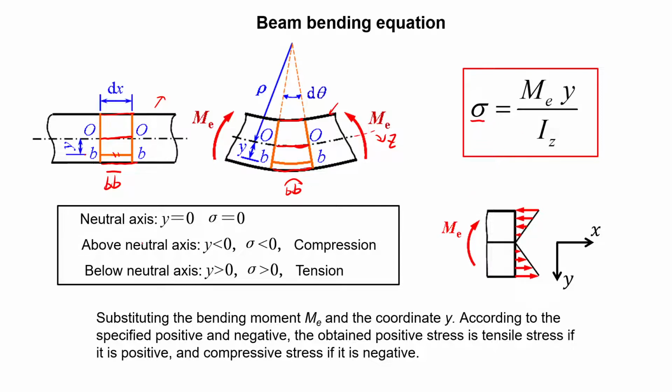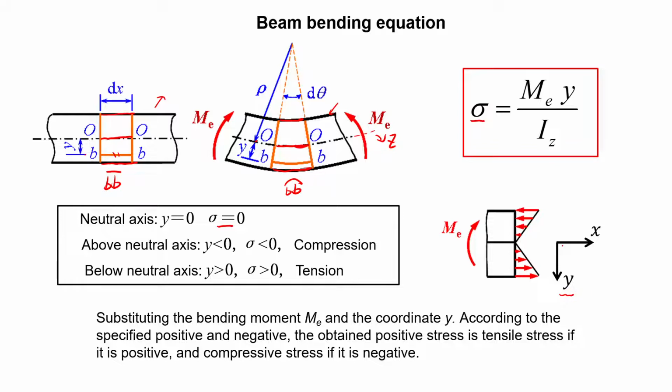Let's start from the neutral axis. When we substitute y equal to 0, we get sigma equal to 0. So the stress at this point is 0. Okay, no tension, no compression. Above the neutral axis, in this case, we denote y as downward.